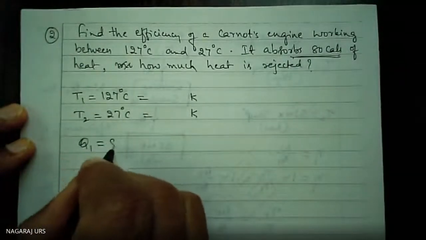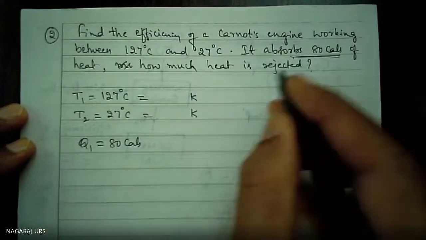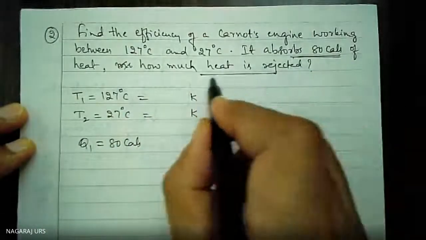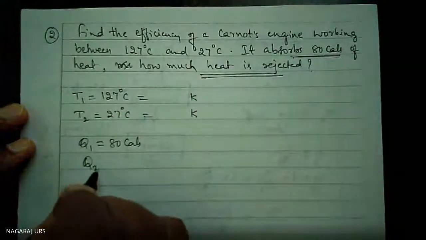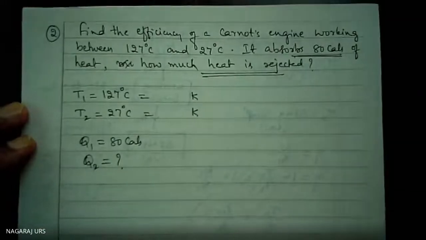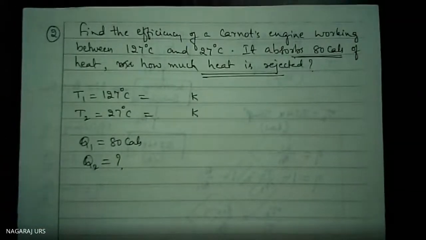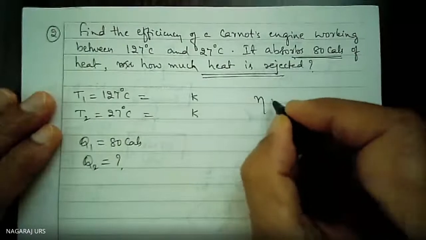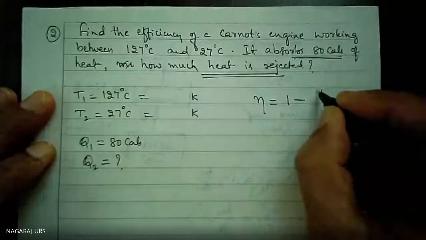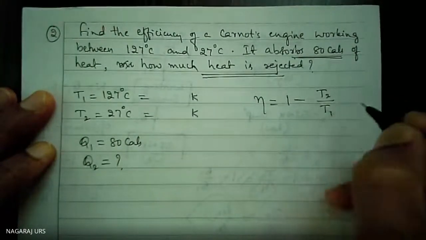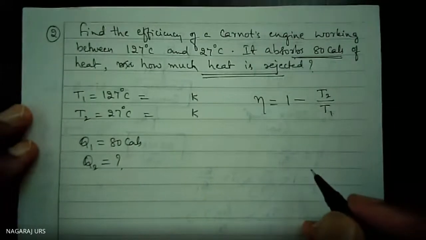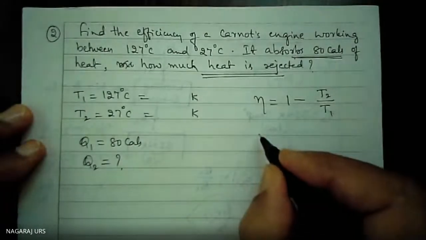Therefore, Q1 is equal to 80 calories. How much is the heat rejected? Q2 is equal to how much? Formula, eta is equal to 1 minus T2 divided by T1. Substitution, calculation, you do it.